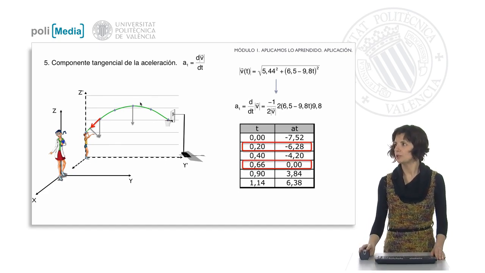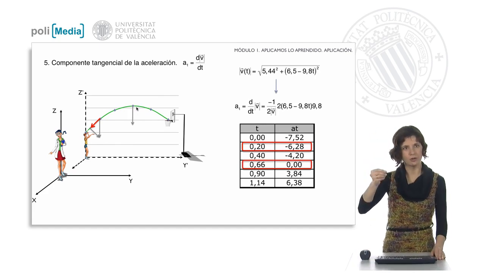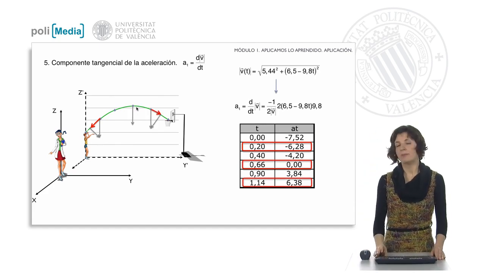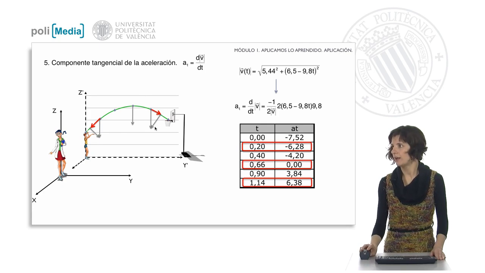At the point of maximum height, the tangential acceleration is 0, all the acceleration is normal. And from that instant of time, the tangential acceleration becomes positive. If we focus on this point of the trajectory, this is the total acceleration, this vector. We decompose it into tangential acceleration and normal acceleration, and we see that now the tangential component has the same direction as the movement and therefore is positive.